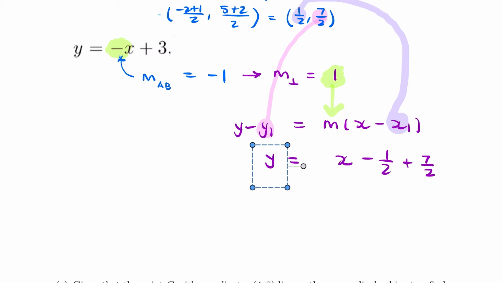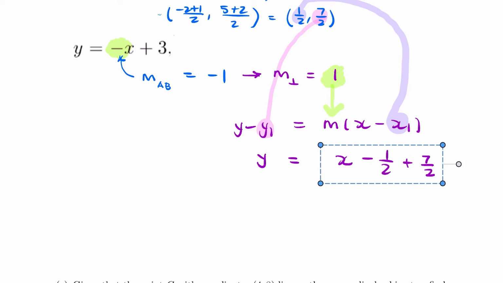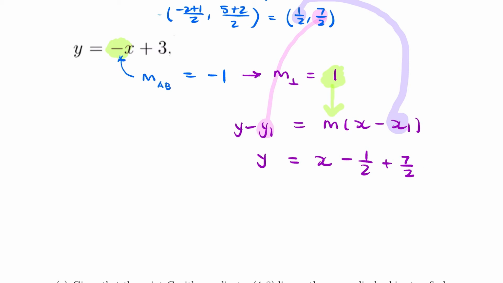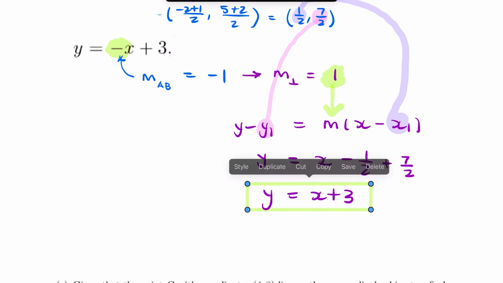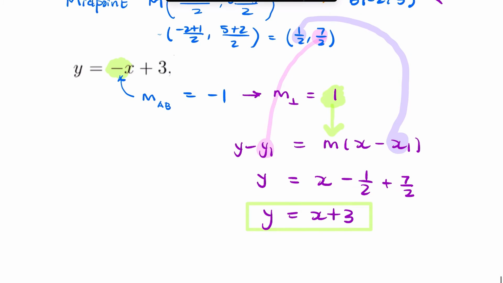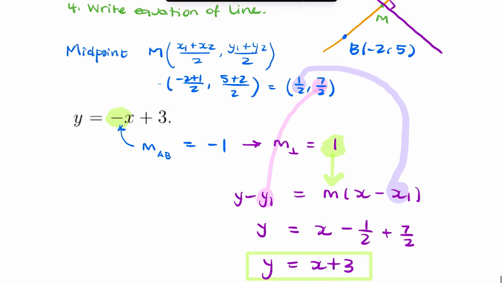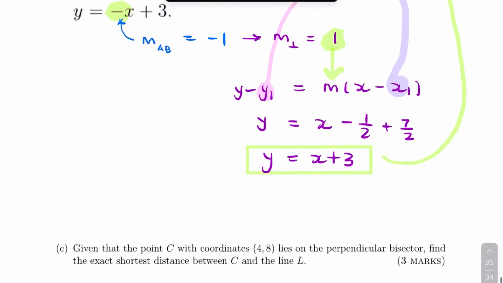So my equation looks something like that. Y equals x minus a half plus 3.5. So y equals x plus 3. So that would be the answer to that. That's the equation of the perpendicular bisector.